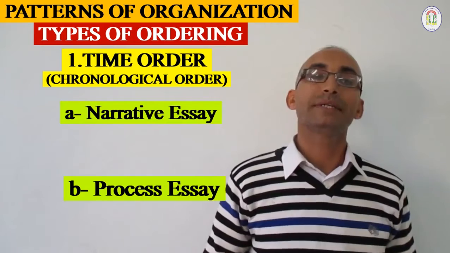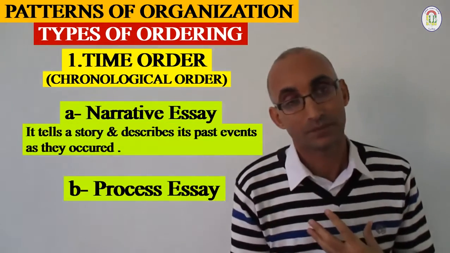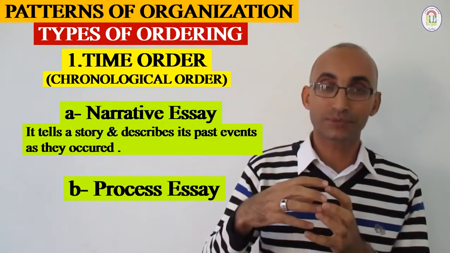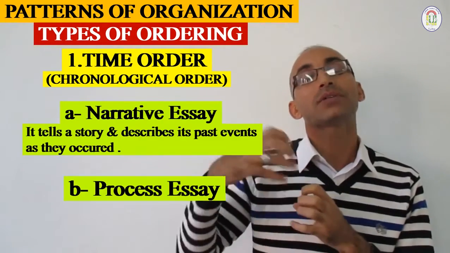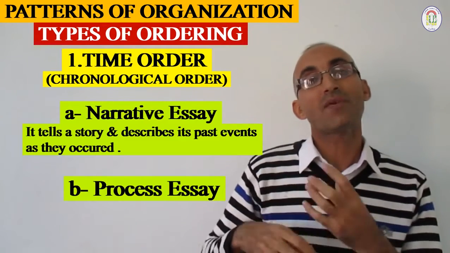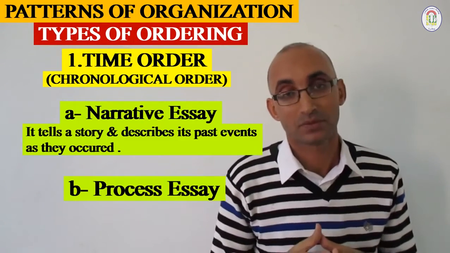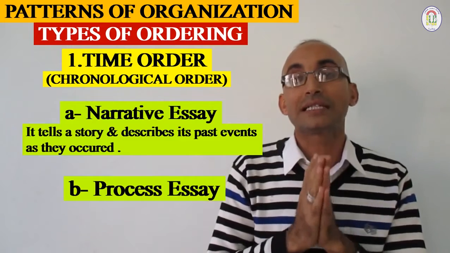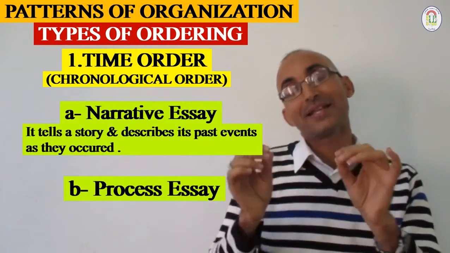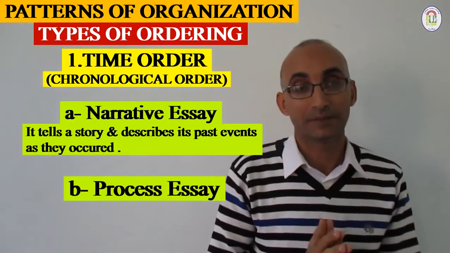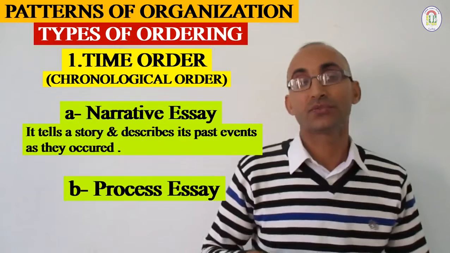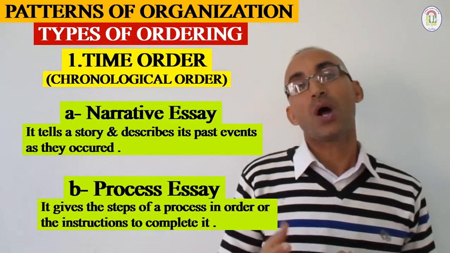Narrative, of course, we mean when you tell a story and you order its events according to the time of their occurrence in the past, or even describe a series of events which happened in the past, always chronologically, one after the other, the same way they happened in the past. Clear?